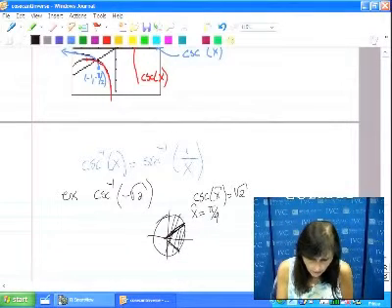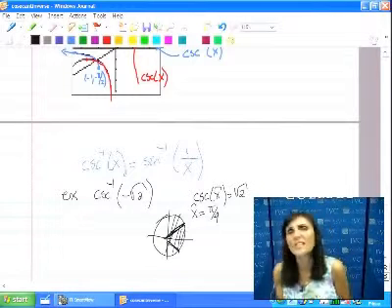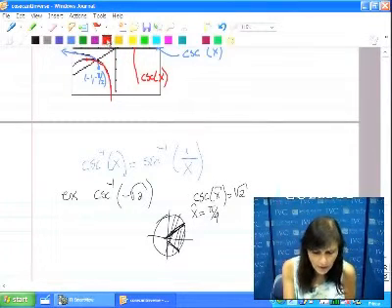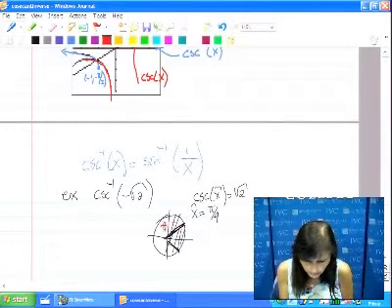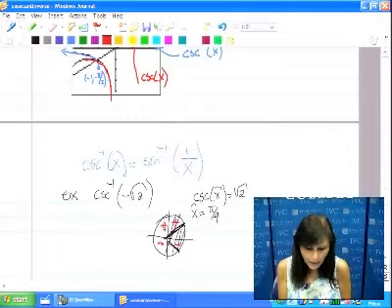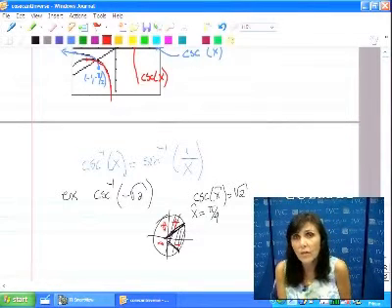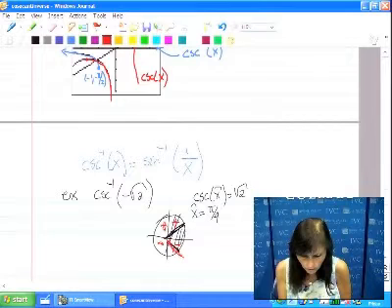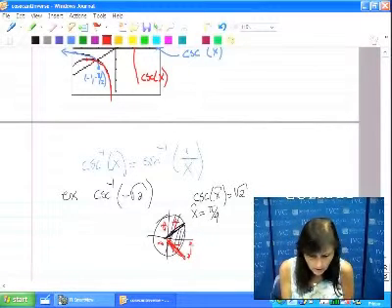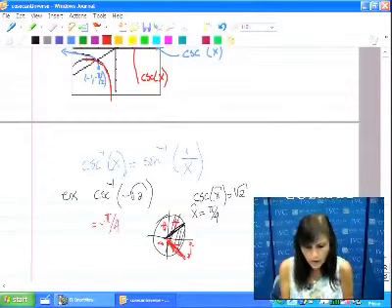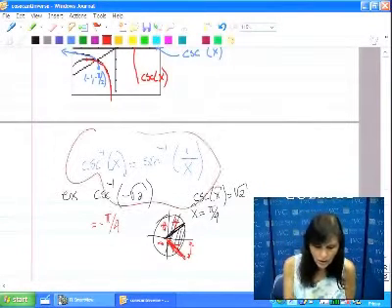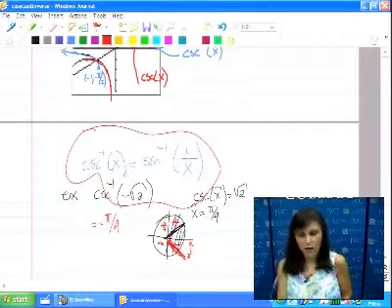So the only negative place, I know that cosecant works just like sine, so it's going to be positive here, negative here, and that means to get the negative answer, I need to have this angle, and this angle is simply negative pi over 4. So make sure that you know how to use that in your calculator.